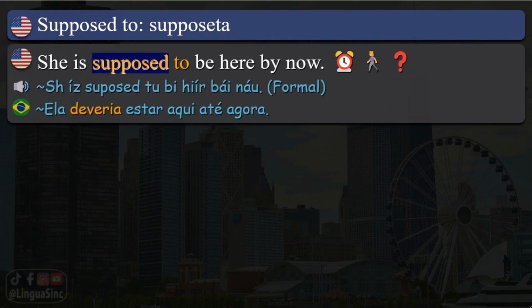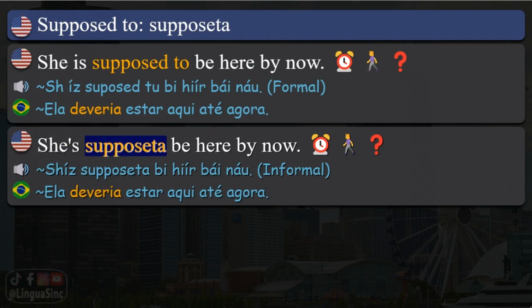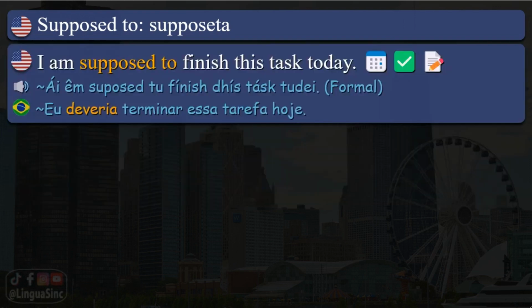Supposed to, supposita. She is supposed to be here by now. She's supposed to be here by now. I am supposed to finish this task today.